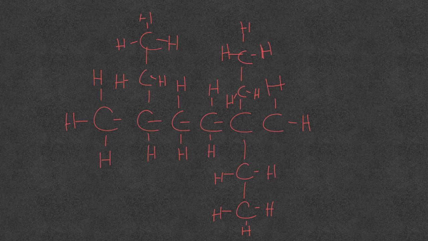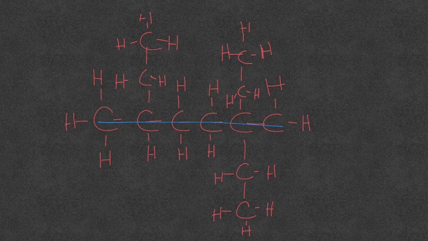All right, so we got one more example. This one's a little confusing here. So we got to find our longest continuous carbon chain. So if I go straight across here, that would be 1, 2, 3, 4, 5, 6 carbons that I could connect.